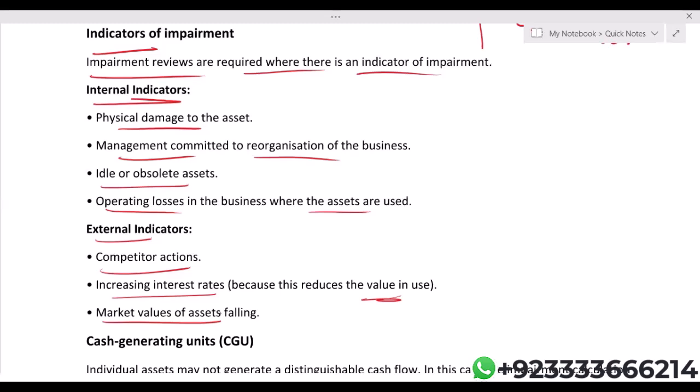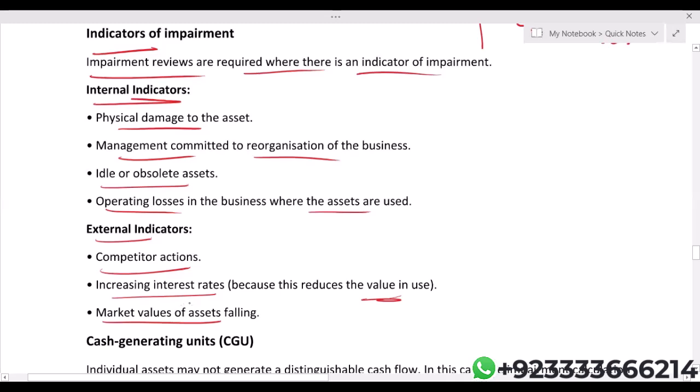For example, what are the indicators of reversal of impairment loss? Let me tell you, there's a possibility that market interest rate, instead of increase, has decreased. Because if increase in the interest rate is an indicator of impairment loss, then decrease in the interest rate is the indicator of reversal of impairment loss.